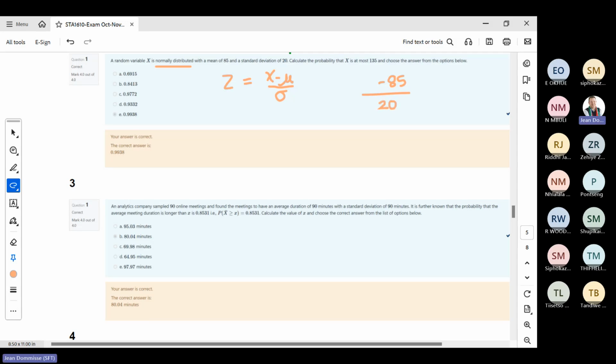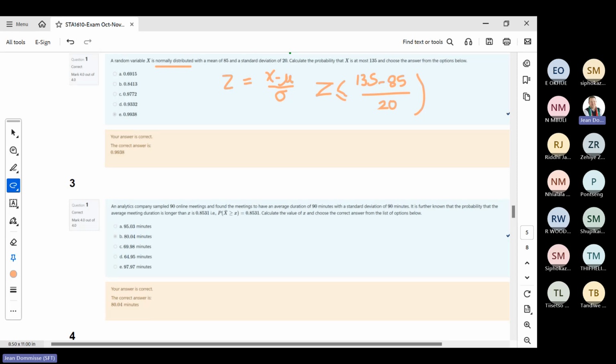Calculate the probability that X, so that Z is at most 135. So at most, it can't be bigger than 135. Okay, so that is what we're gonna work out.